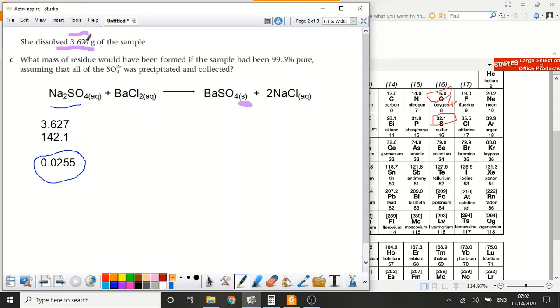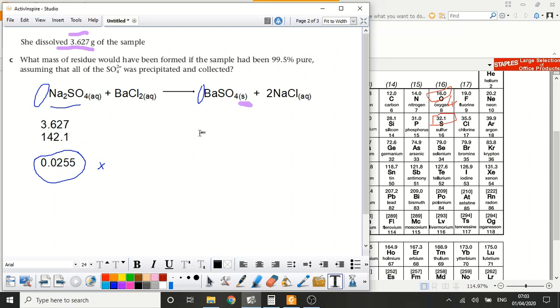So what we've got is the number of moles of the sodium sulfate: the mass that they've given us divided by the MR of the sodium sulfate. Now because it's a 1 to 1 ratio, the number of moles of sodium sulfate is also the number of moles of barium sulfate. So we multiply that by the MR of the barium sulfate.